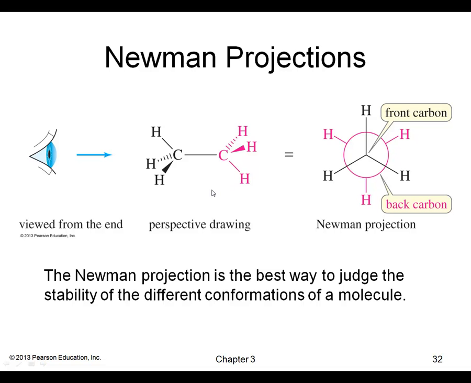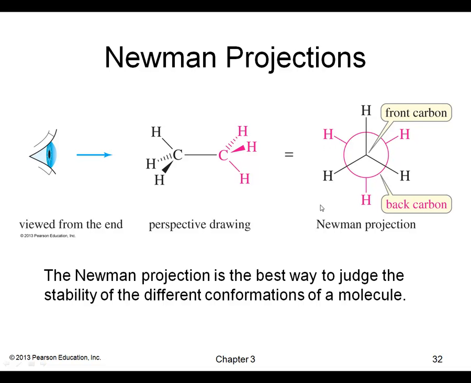And how do we look at conformations? Well, if we had our eyeball here and look down this carbon-carbon bond axis, we can do so and try to see how the hydrogens are in relation to each other.